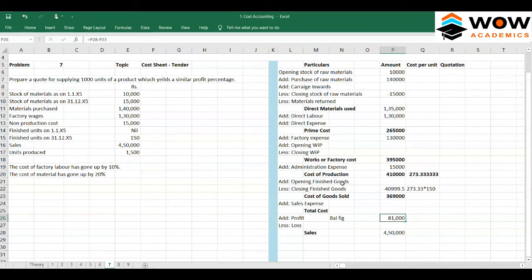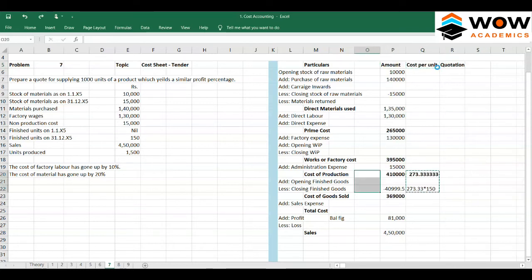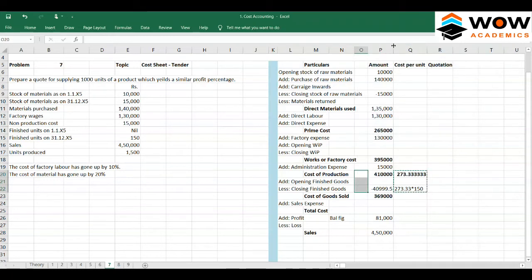What we have to do is find out how these numbers are going to move from here to this one. We have to find out for the quotation.